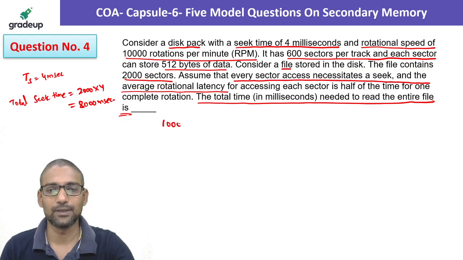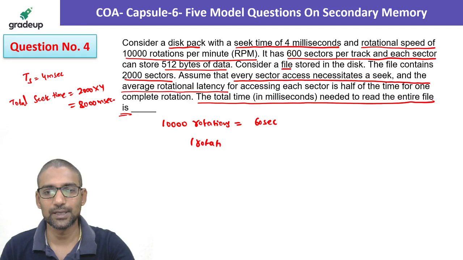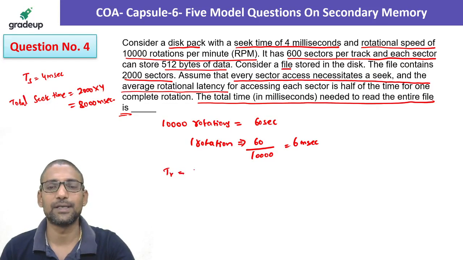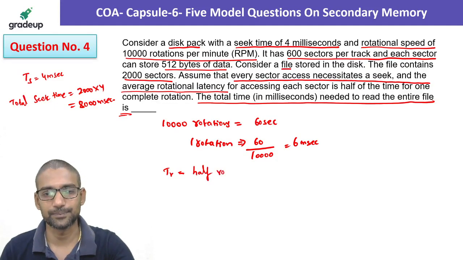It is given 10,000 rotations can be done in 1 minute, that is 60 seconds. So one rotation takes how much time? 60 by 10,000, that is 6 milliseconds. Right? We know average rotational latency is half rotation time. So that would be 3 milliseconds, 6 by 2.